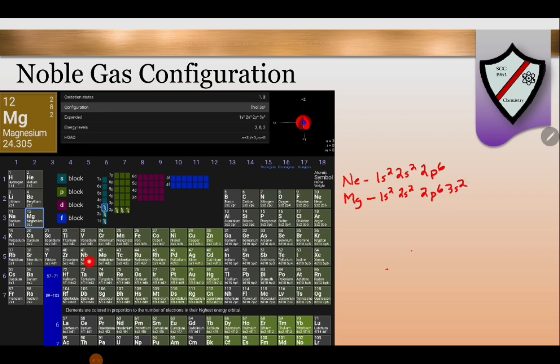And so chemists, in their infinite amount of laziness, would rather, instead of writing all of this out every time, just use some brackets, because all of this is basically the same thing. And so therefore, the noble gas configuration for magnesium becomes neon in brackets 3s2.